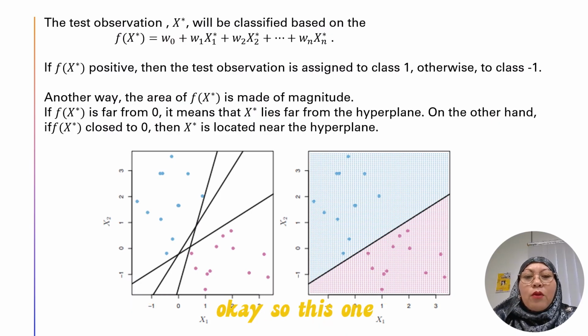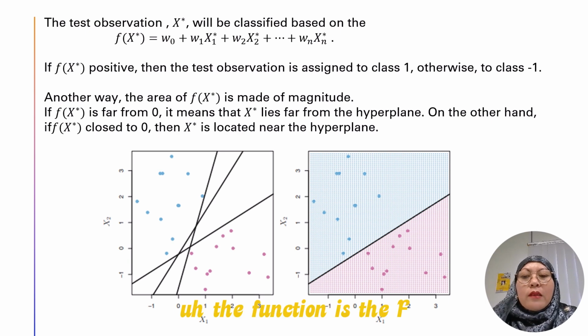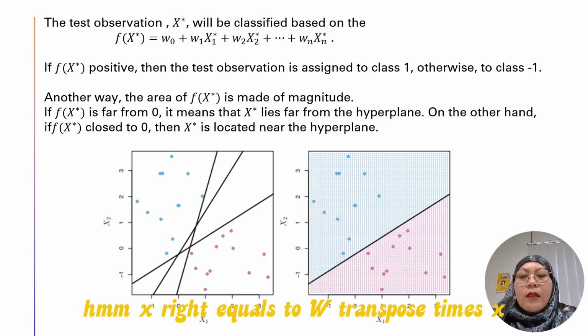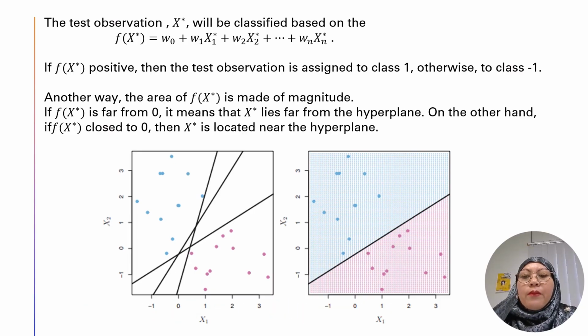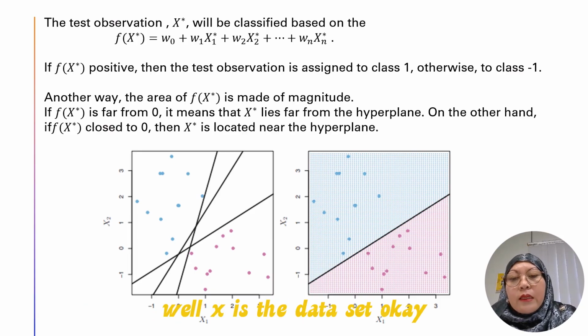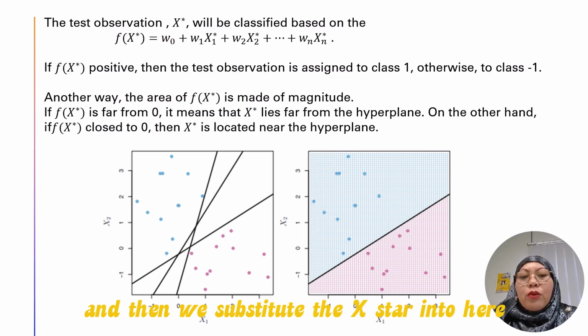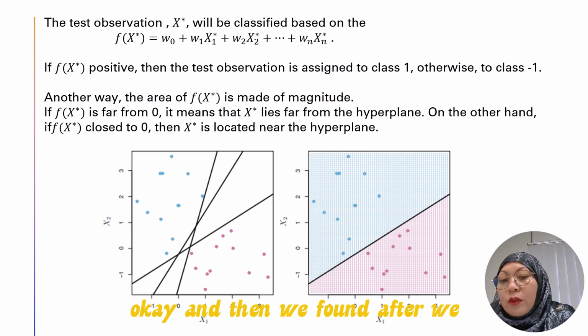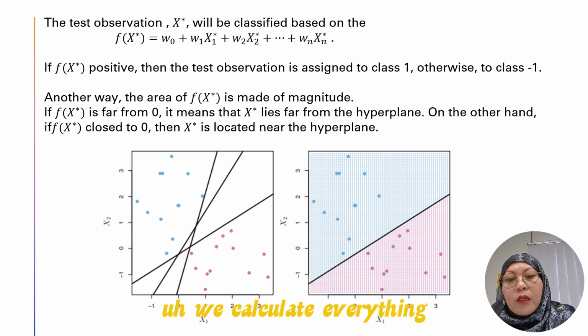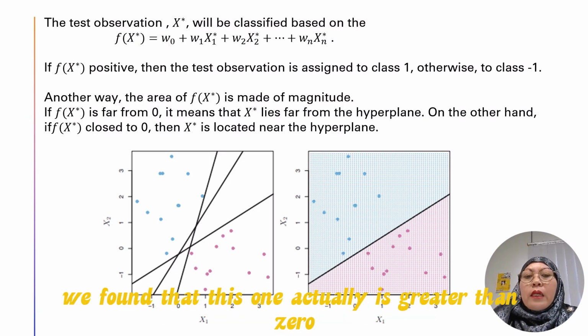So the function is f(x) equals w transpose times x, where x is the data set. Then we substitute the x star into here, and after we calculate everything, we find that this is greater than 0.